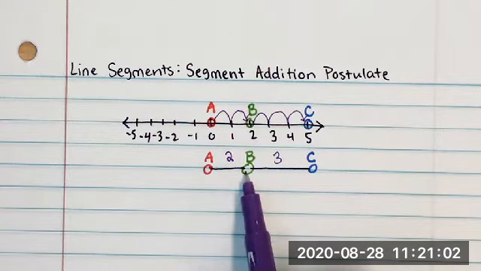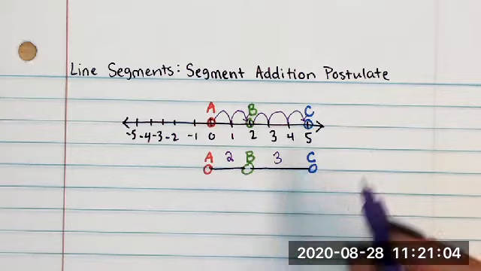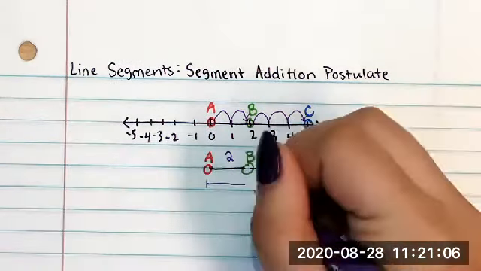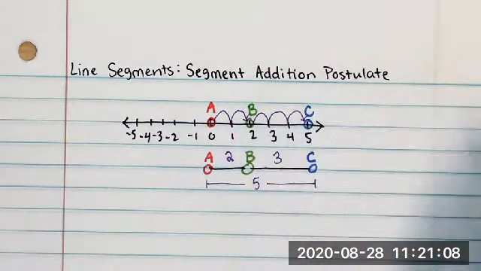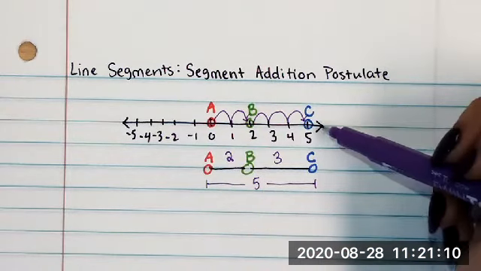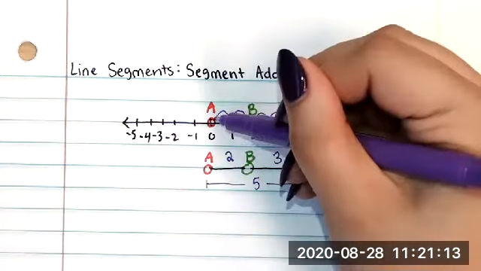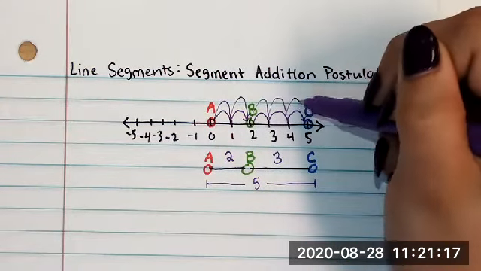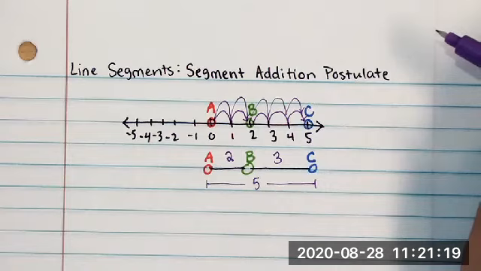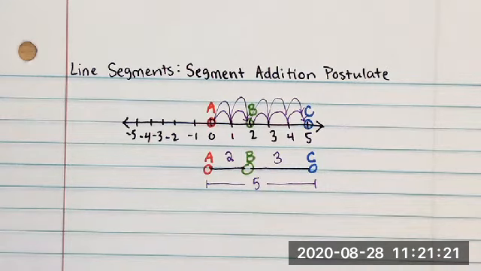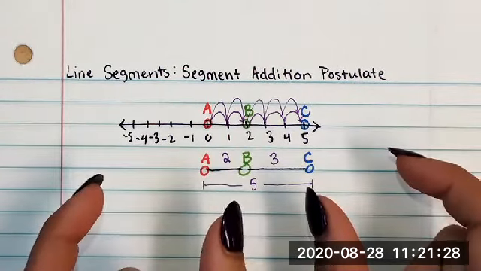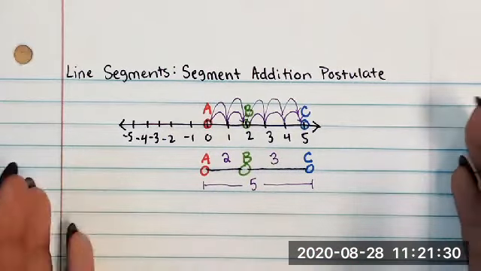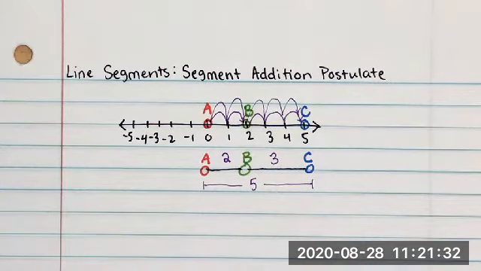So if this one's 2 and this one's 3 more, then the entire piece should be 5. And we can confirm that with our number line by counting from A to C: 1, 2, 3, 4, 5 spaces. That's the basic idea of the segment addition postulate. If you take two smaller pieces and stick them together, you get a larger and longer piece.